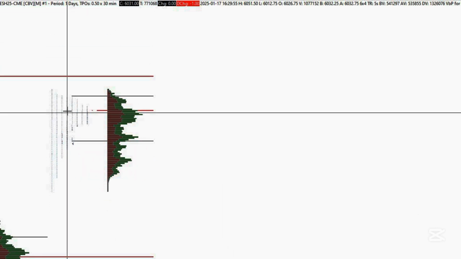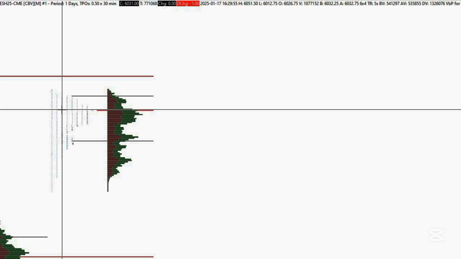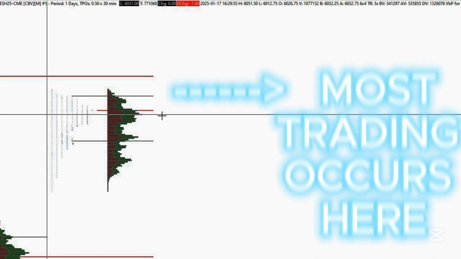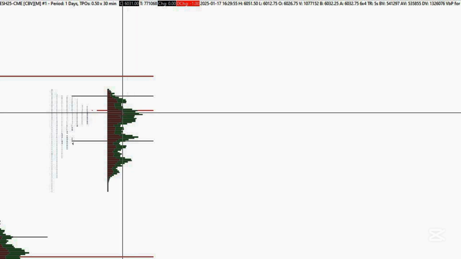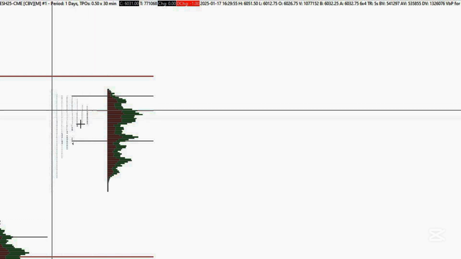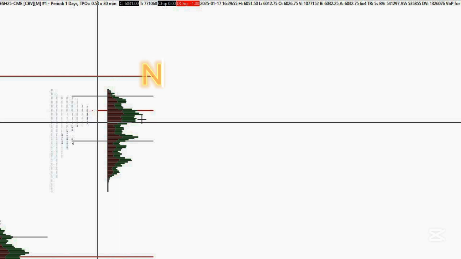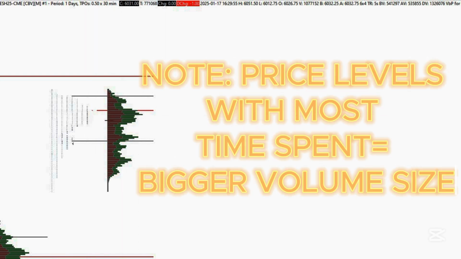If you zoom out, you can see that this, as mentioned before, is the price level traders spend the most time on, and you can see here that this is the volume. So this area is really accurate, because you can see that where all these overlapping times occurred, this had the highest volume.